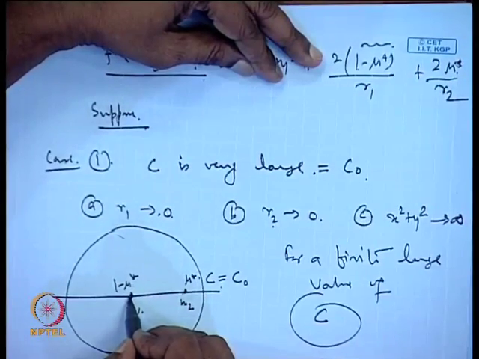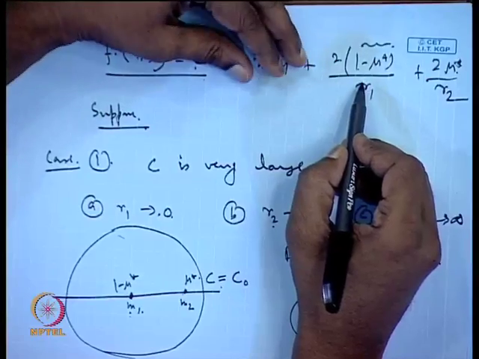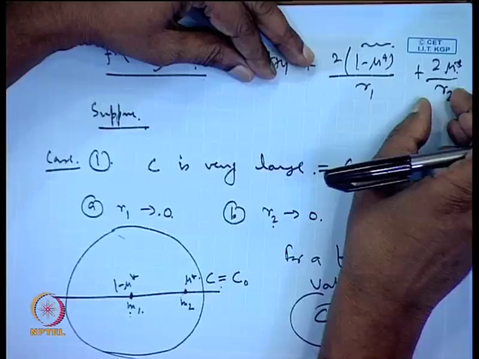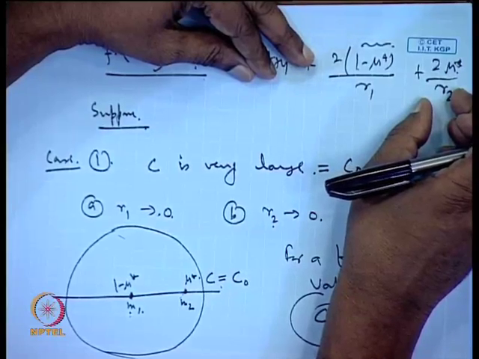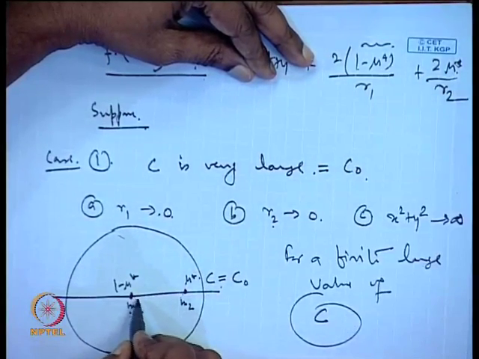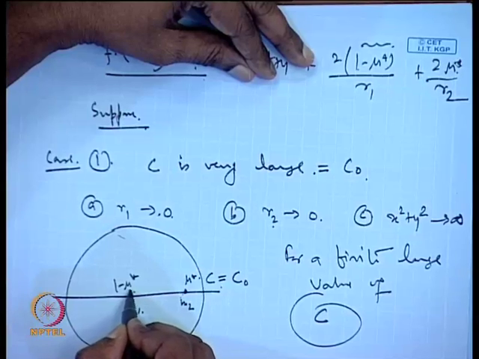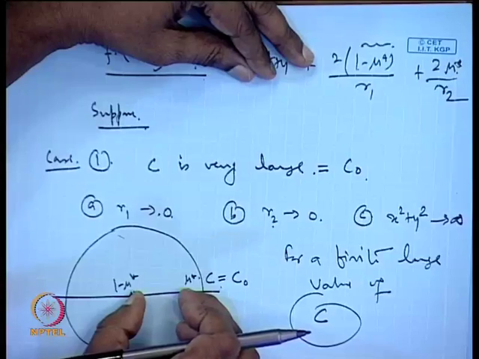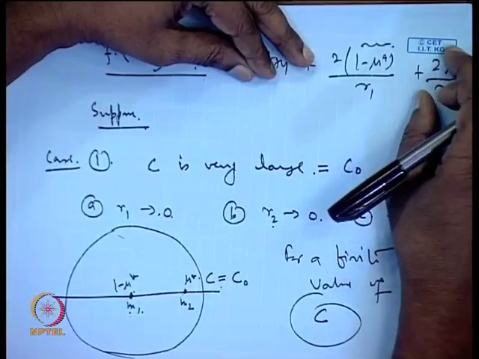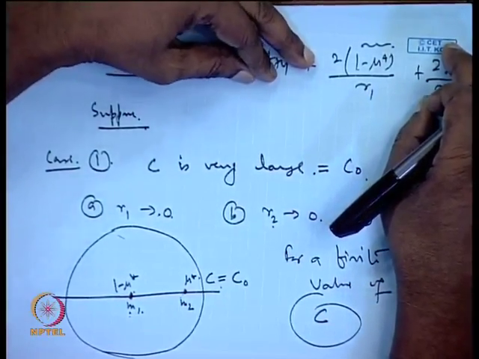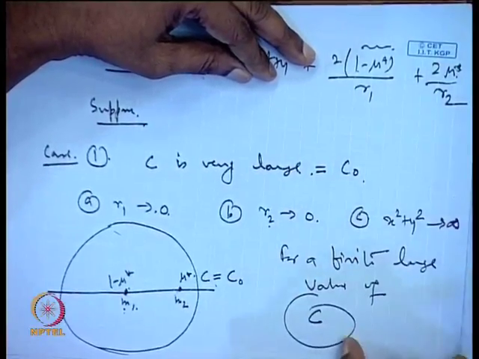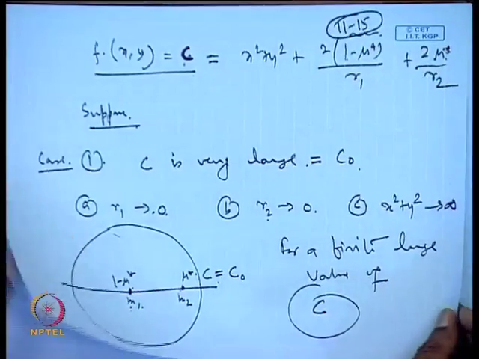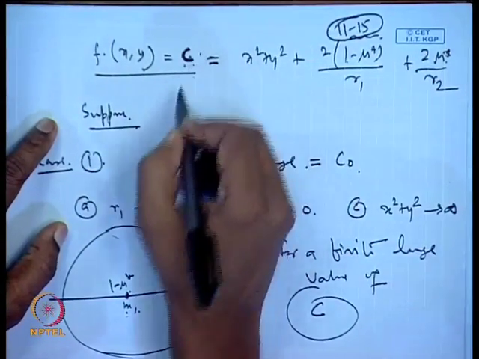If we are close to this, we can equate them, and r 2, from here to here, this distance is quite large as compared to this, so equate for a finite value of C.